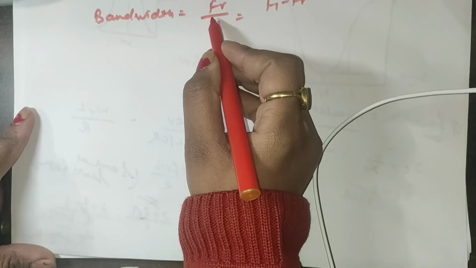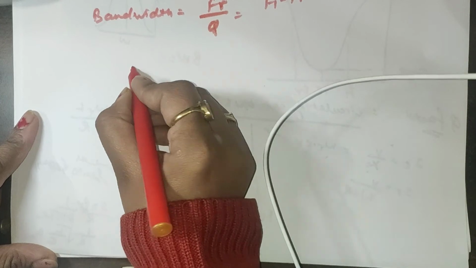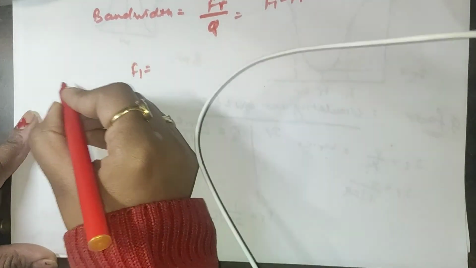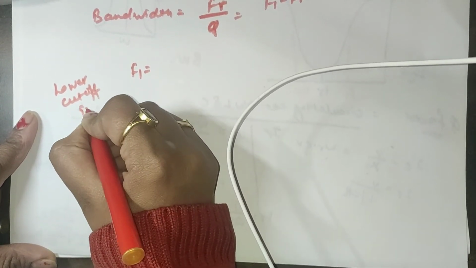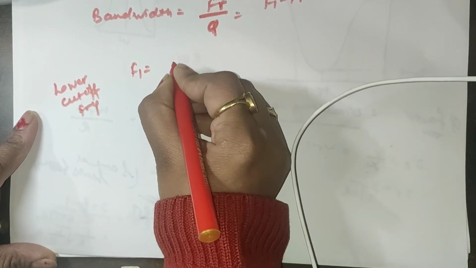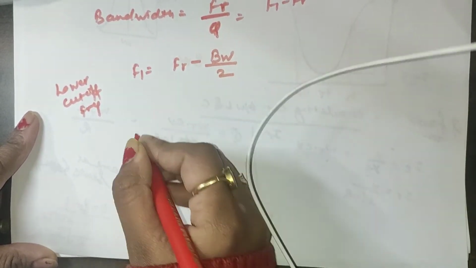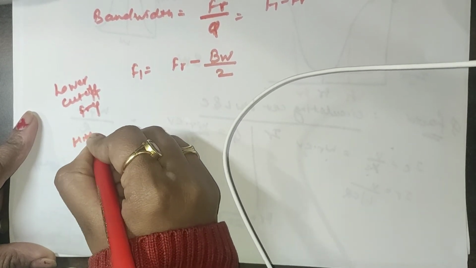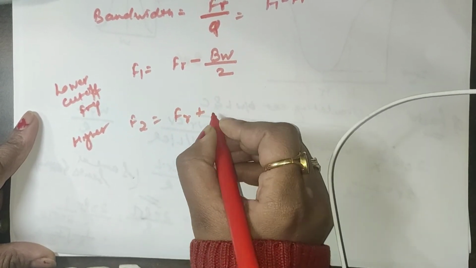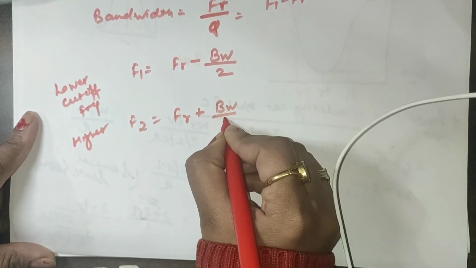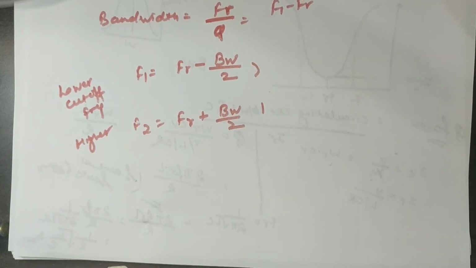If the resonant frequency and quality factor are given, that is FR upon Q. So how can you get the lower cutoff frequency F1? You will get it from resonant frequency minus bandwidth upon 2, and the higher cutoff frequency F2 will be resonant frequency plus bandwidth upon 2. So you will get your resonant, lower and higher bandwidth frequencies.